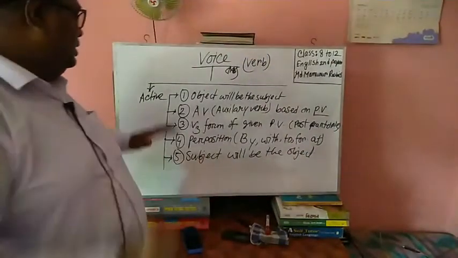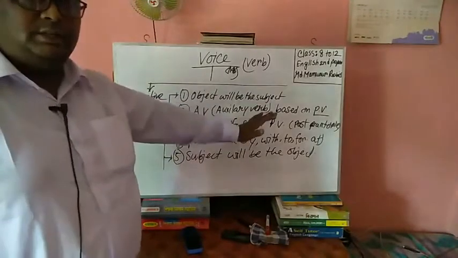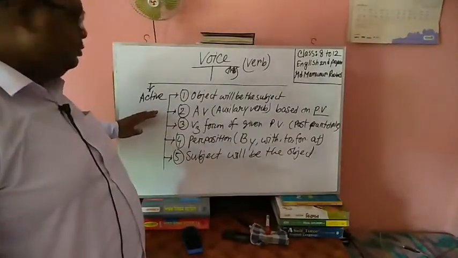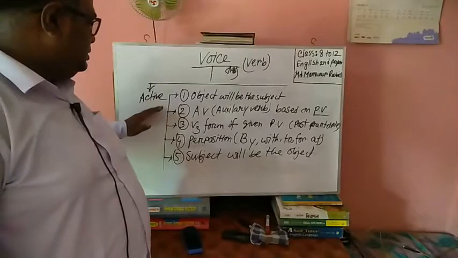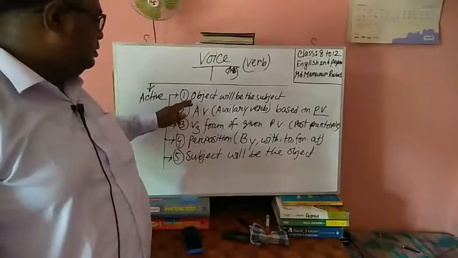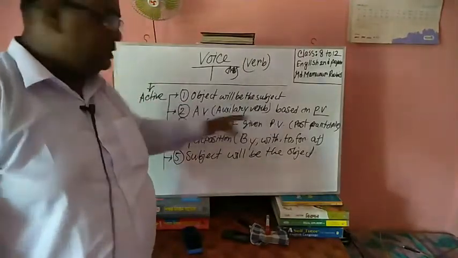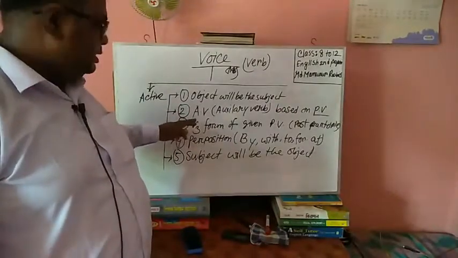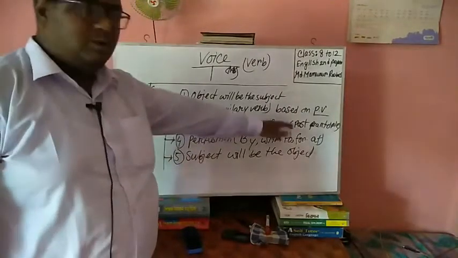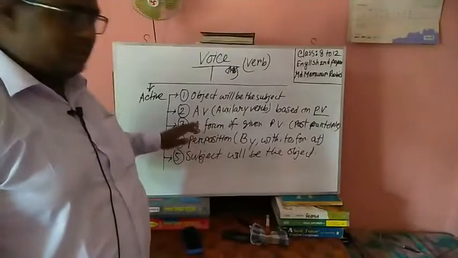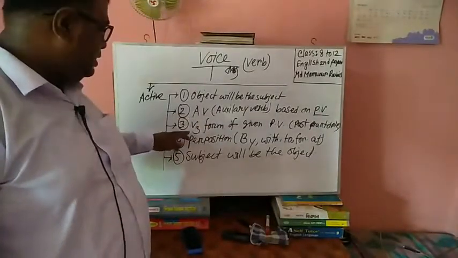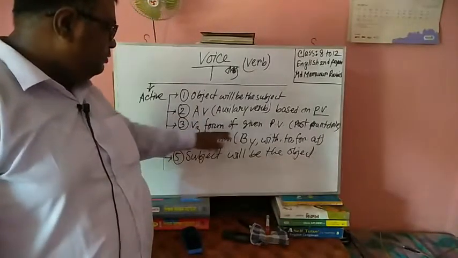So to make any sentence into passive, you have to change, first of all, the object will be the subject. Then the second one is auxiliary verb based on the given principal verb. And the third one is V3 form of the given principal verb.